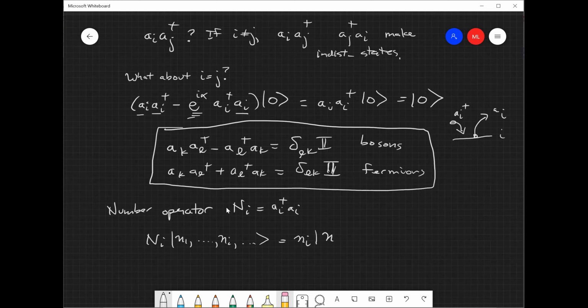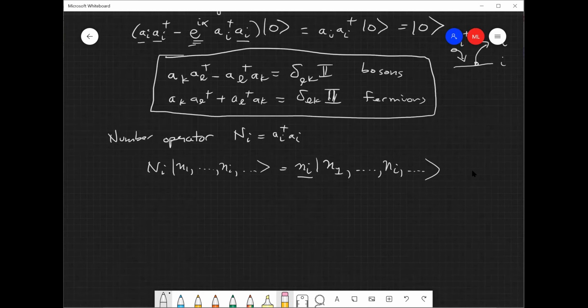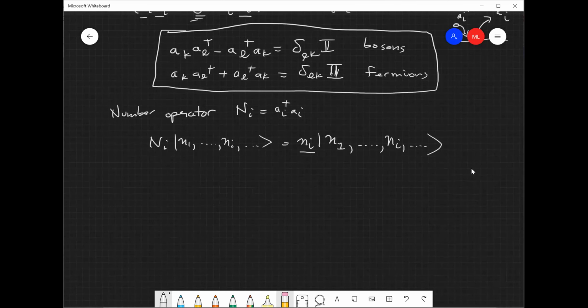The occupation number state is an eigenstate of this operator, and the eigenvalue is just the number of particles in that state. And remember for fermions, the occupation number is going to be either 0 or 1.